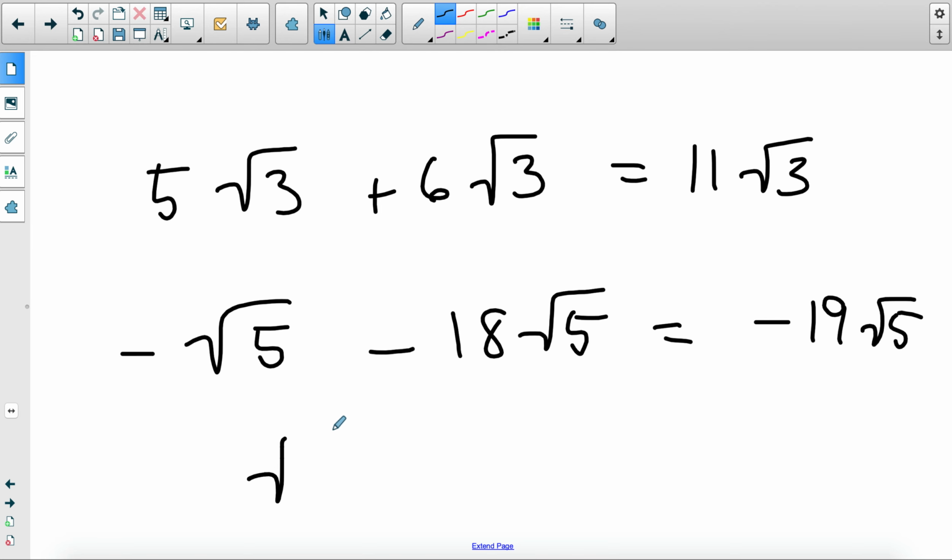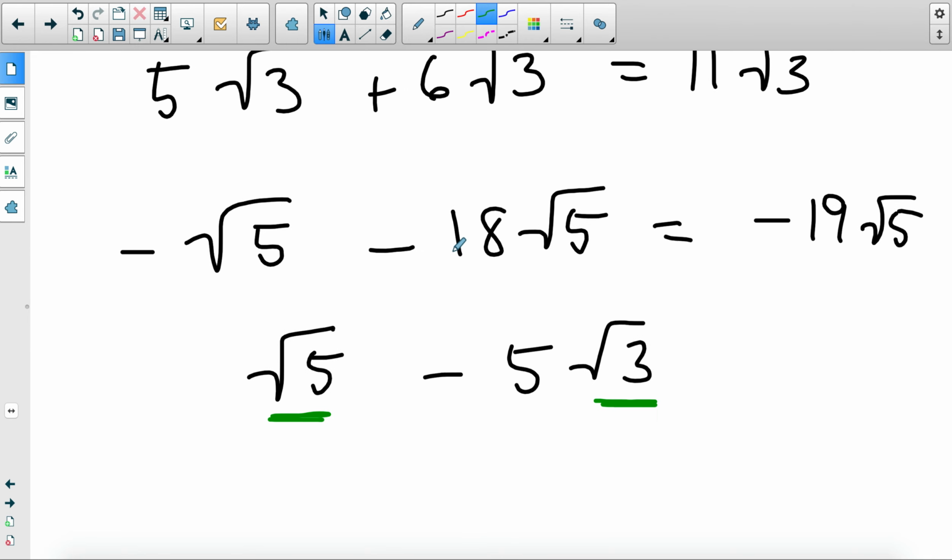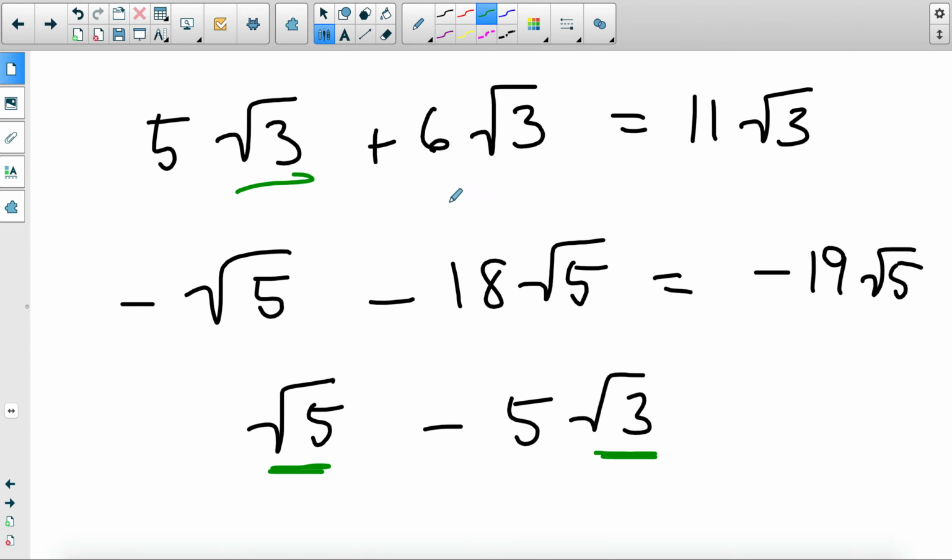If I had square root of 5 minus 5 square root of 3, I can't do anything. I can't simplify this any further because they are not like terms. Square root of 5 is completely different from square root of 3. So we are treating these as like terms.